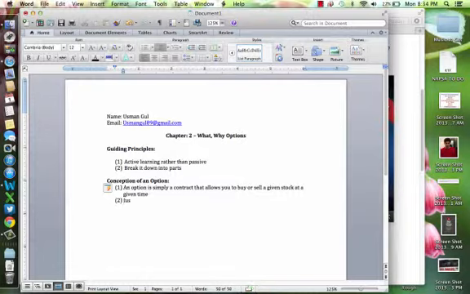So he's essentially saying that options work just like an insurance company, and the buyer of an option pays a premium to avoid the risk of the stock price plummeting, and the seller receives a premium to carry that risk.